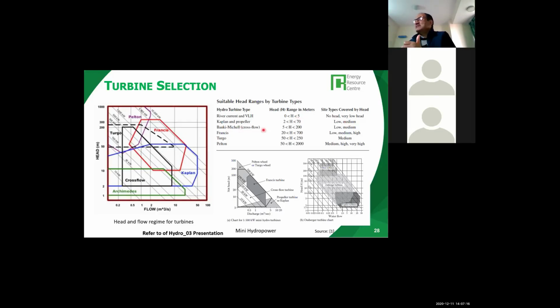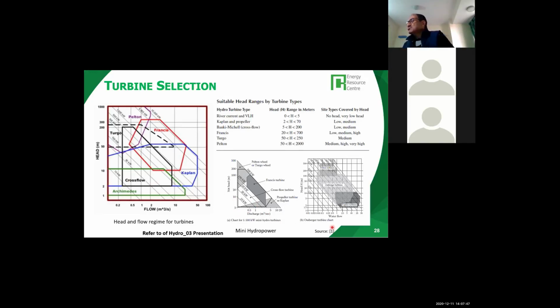Kaplan for low and medium. And there's a cross flow Banki-Michell, what is known as low and medium. Francis low, medium, and high. Turbo medium. Pelton medium, high, and very high. So 50 to 200. These are basically the ranges, in general. And for mini hydro, less than 1 megawatt or 500 megawatt, these are the different conditions here. But basically, we use, as I mentioned, cross flow, turbo, and other things.